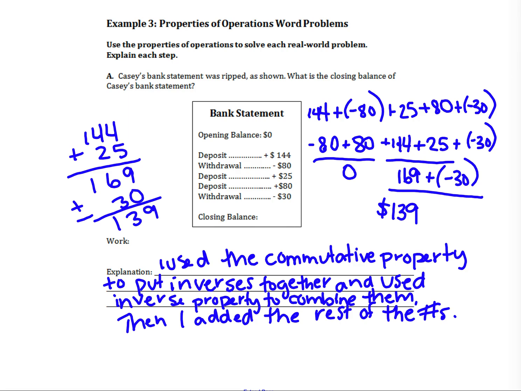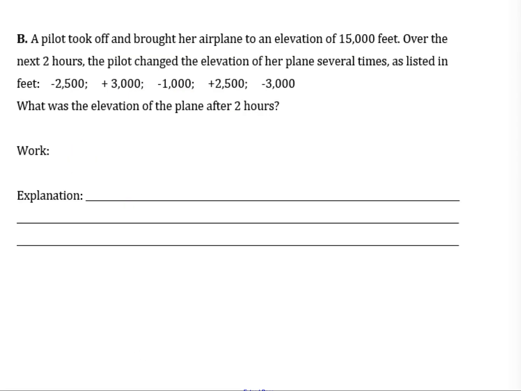All right, so let's take a look at our last problem here. A pilot took off and brought her airplane to an elevation of 15,000 feet. Over the next 2 hours, the pilot changed the elevation of her plane several times as listed in feet, and the numbers are there for you. What was the elevation of the plane after 2 hours? Go ahead and pause the video and try this problem.